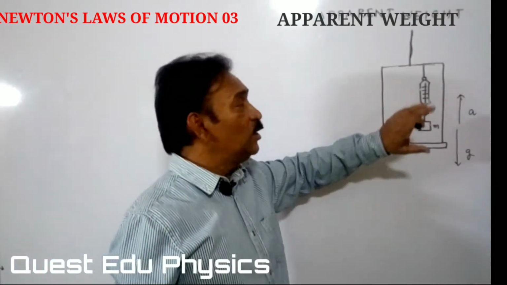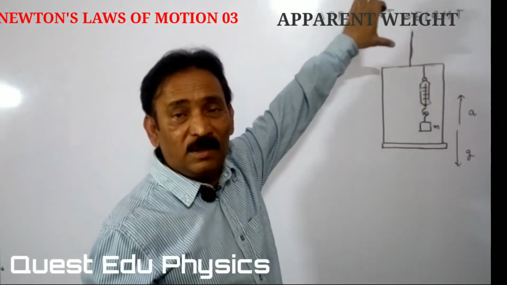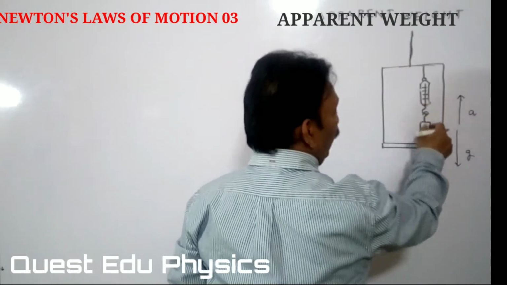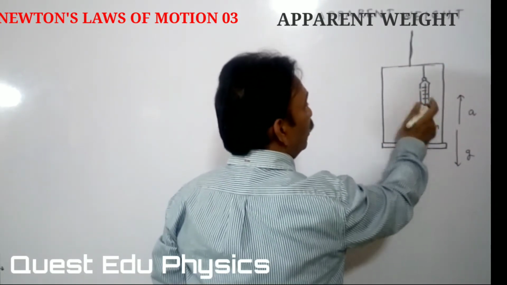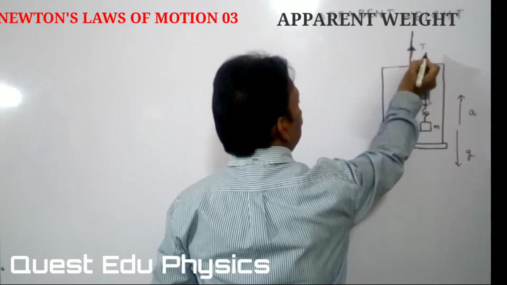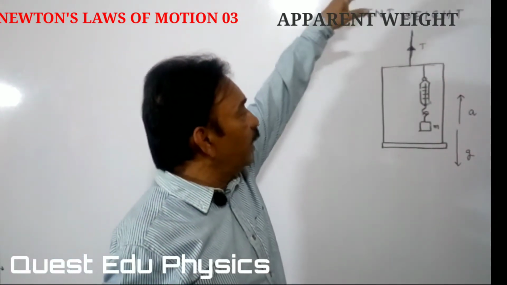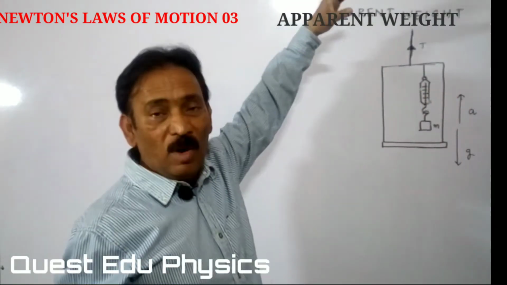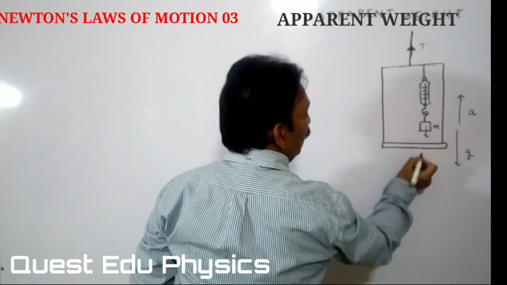It is moving up, which means some additional force is making the lift move up. It is more than the weight of the body hanging in the lift. Here, I am calling this force T. It is making this move up. Then the weight of the body will act vertically downwards.